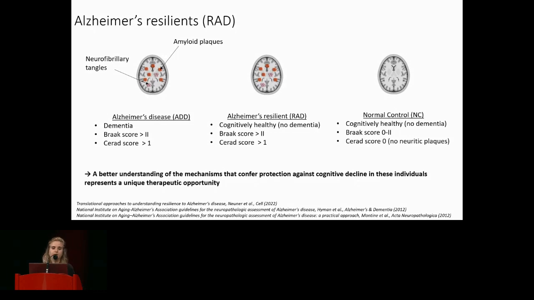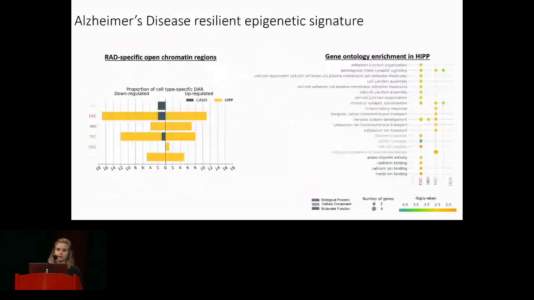Briefly, we applied this model on a large cohort from different brain regions, and we found that most of the epigenetic signatures are localized in the hippocampus, involving memory and learning processes, and imply synaptic processes and inflammatory response.